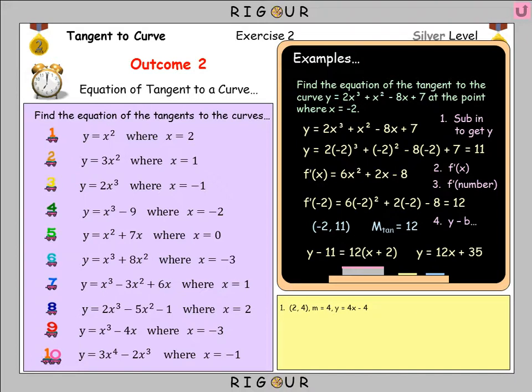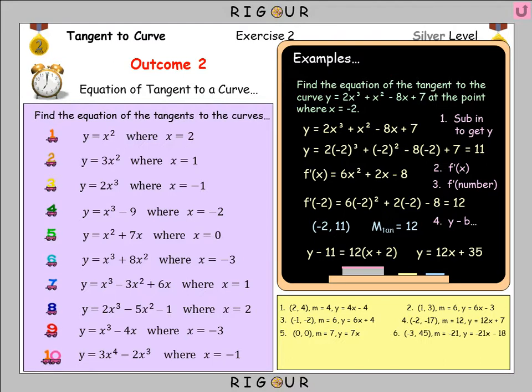So number 1, y equals 4x minus 4. Number 2, y equals 6x minus 3. Number 3, y equals 6x plus 4. Number 4, y equals 12x plus 7. Number 5, y equals 7x. Number 6, y equals minus 21x minus 18.